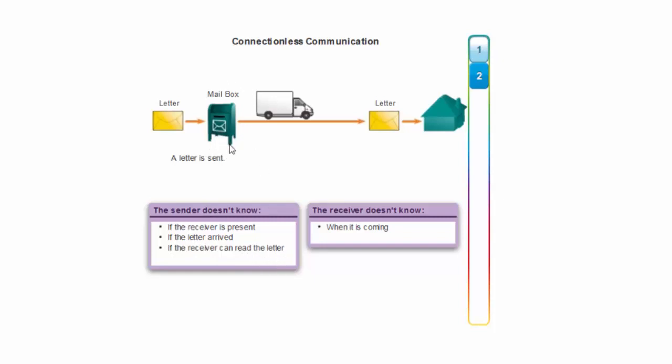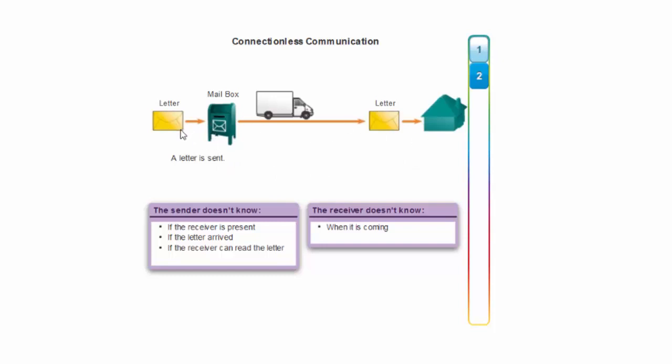There's no possibility for the source who is sending this letter to know that the letter has actually arrived to the receiver, and if the receiver has actually read it. There's also no way for the receiver to know when the letter is coming. This is because the end-to-end path of that letter has not been established before sending the letter.